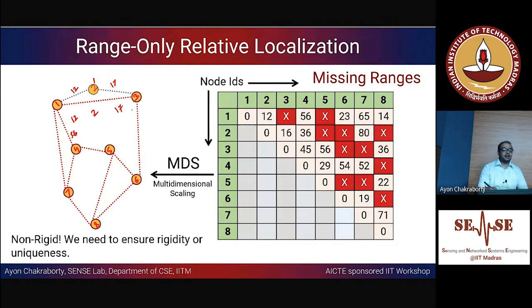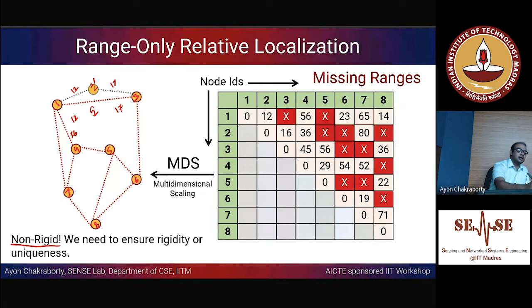Which basically makes this entire structure what we call non-rigid. Think of this as flexible. There are certain nodes that can have ambiguous positions. So maybe there are other nodes that were related to 2, because they were depending on 2.